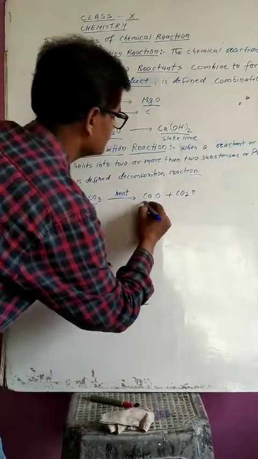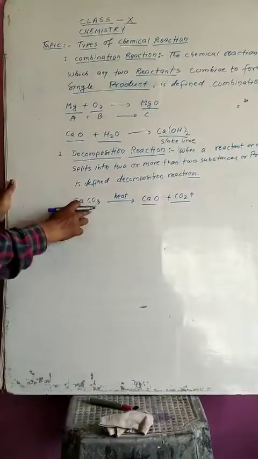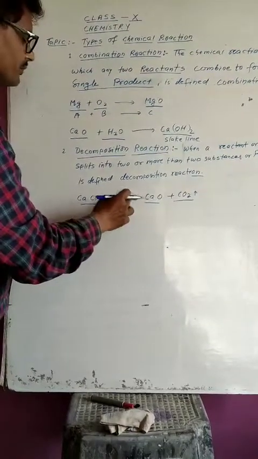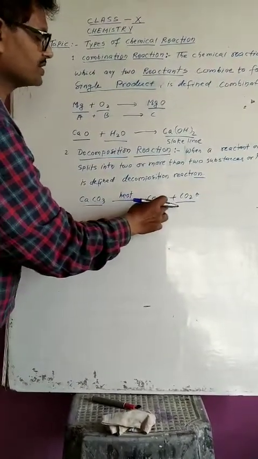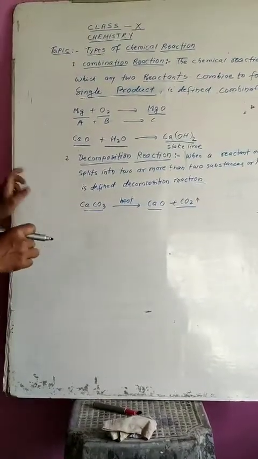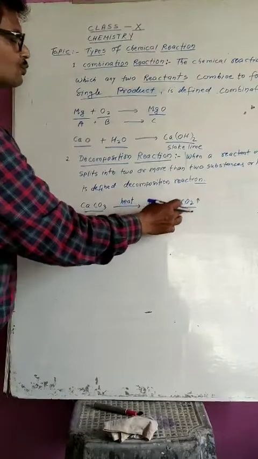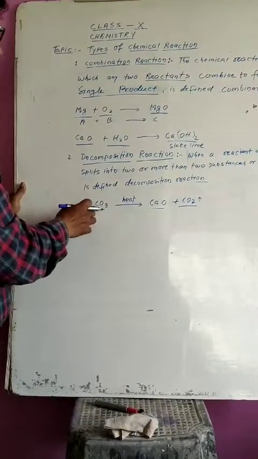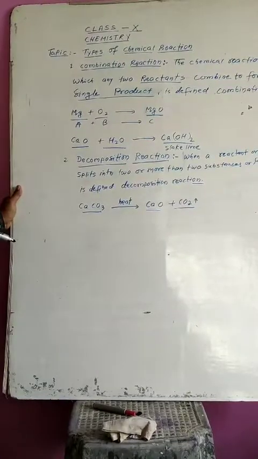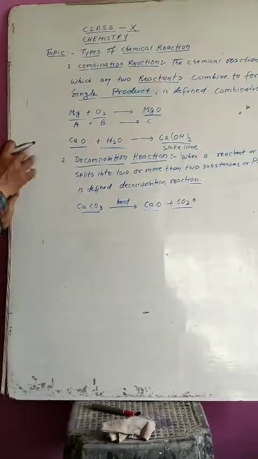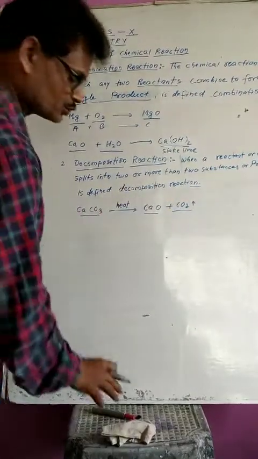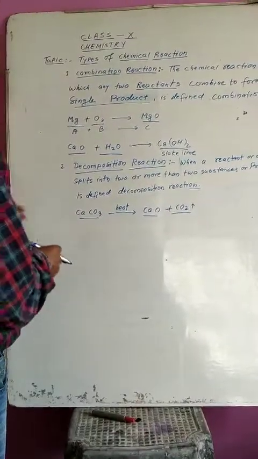It means that calcium carbonate, whenever heated, splits into calcium oxide and carbon dioxide. A single compound splits into two products, and this is why it is considered the decomposition reaction. Under this process, a single substance splits into two or more components.